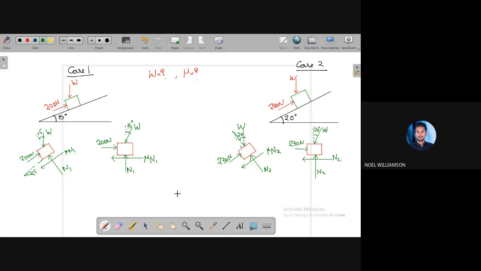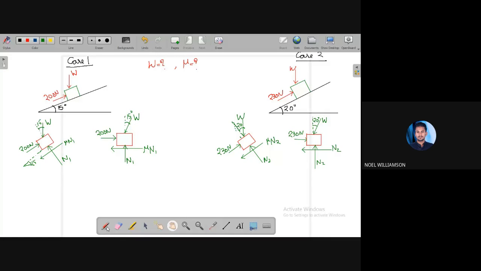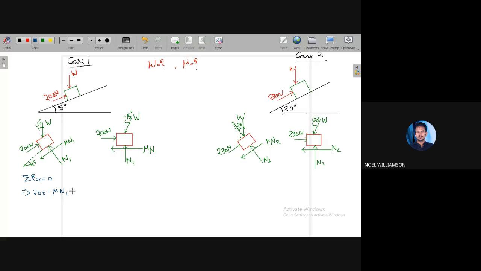For case 1, sigma fx equal to 0 implies 200 minus mu N1 minus W sine 15 equal to 0, which implies mu N1 plus W sine 15 equal to 200. This is equation number 1.